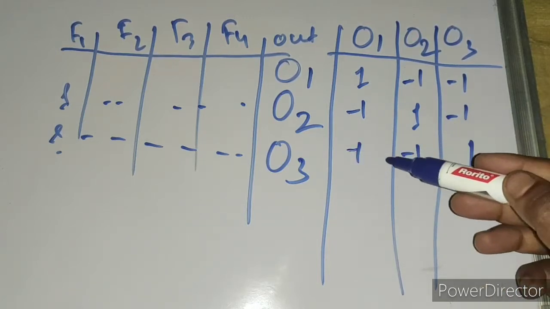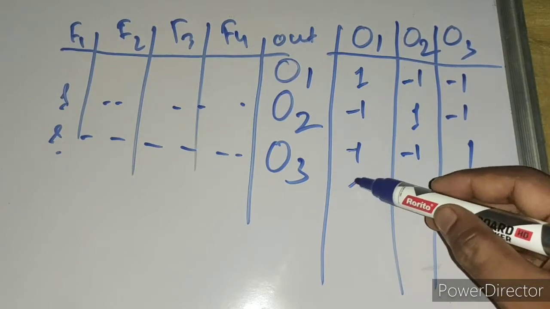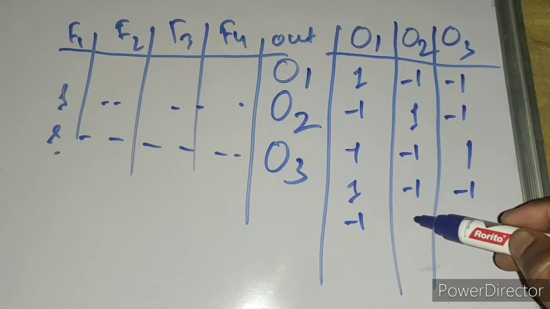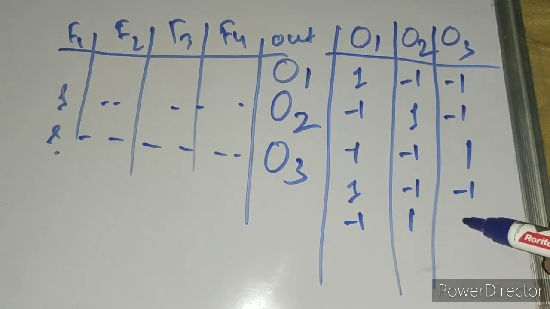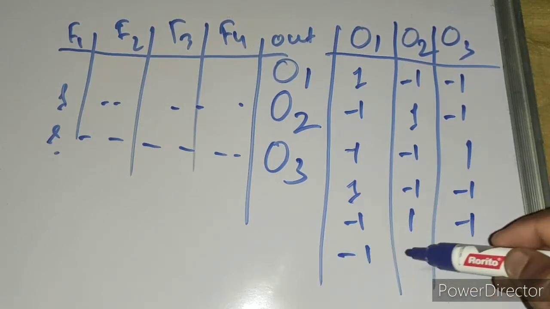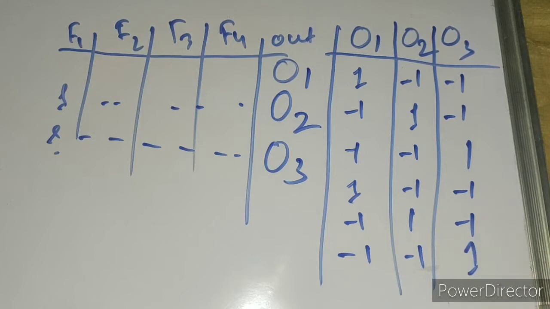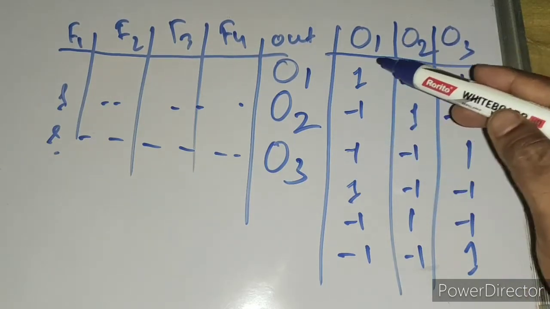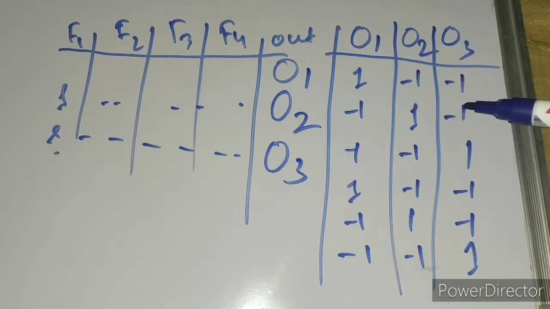Like this the output is taken. Again plus 1, minus 1, minus 1; minus 1, plus 1, minus 1; and minus 1, minus 1, plus 1. Like this, for three options, three outputs are taken considering probability.